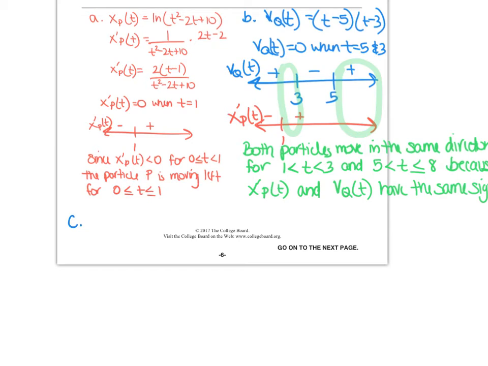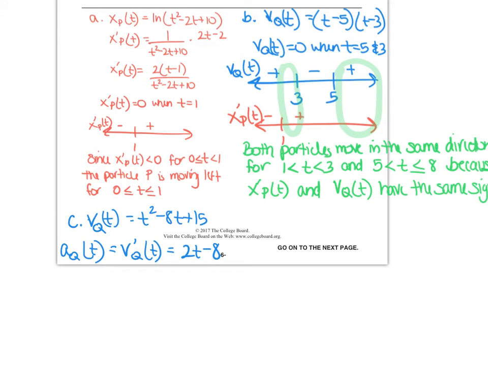So you started with the velocity of particle Q, which was t squared minus 8t plus 15. So to find our acceleration of Q, we're going to let that equal v prime, which equals 2t minus 8.